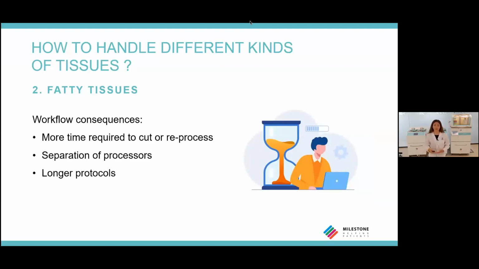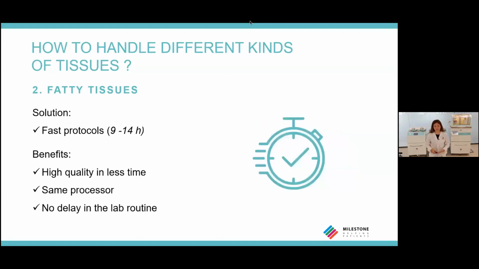And another problem is that since this tissue needs longer protocols, it's often necessary to also divide the processors and have one dedicated to fatty tissue that only performs long protocols. So this slows down the entire laboratory work.